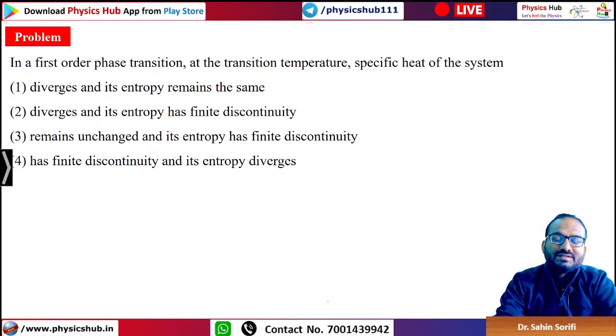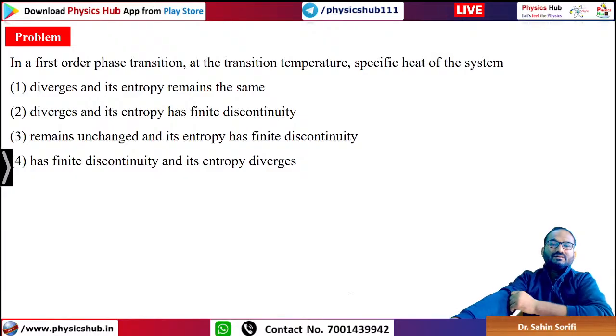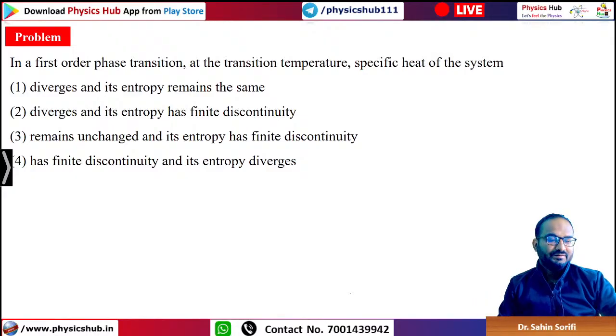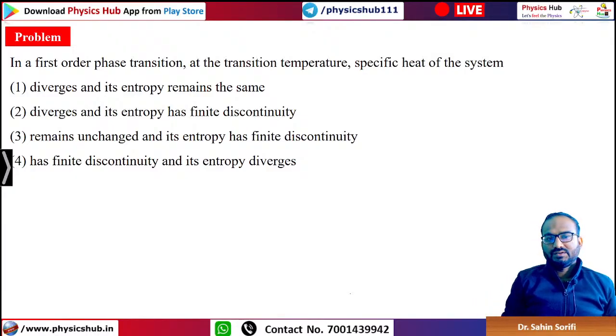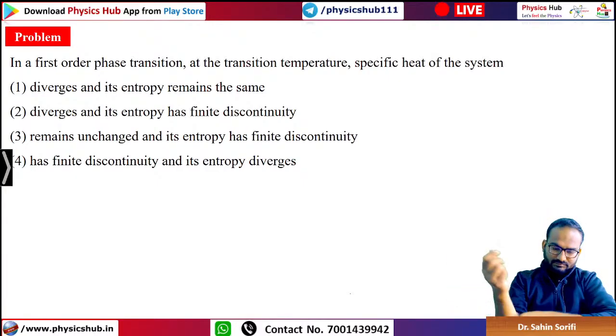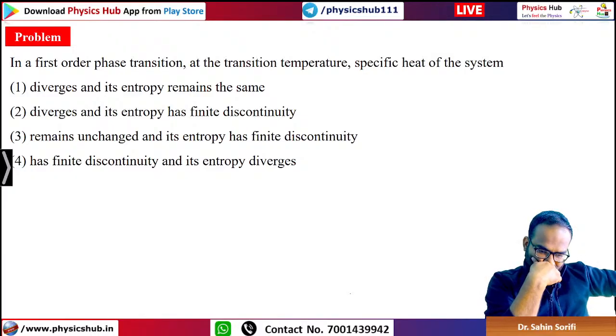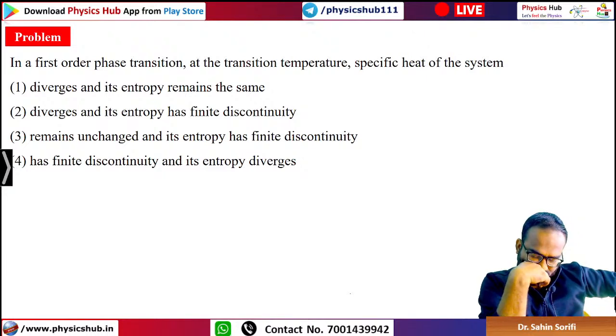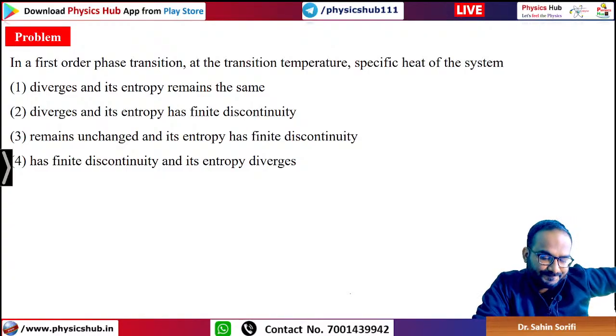In the first order phase transition at the transition temperature, the specific heat of the system: tell me quickly, we have already talked about it. Whatever form questions come, you should be able to do it efficiently. A, B, C, D, quickly guys, tell me.